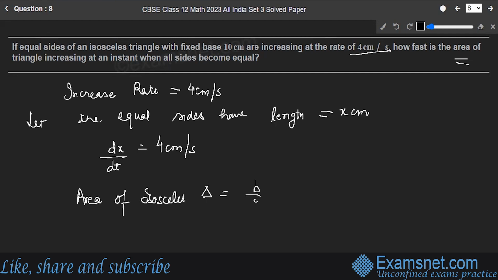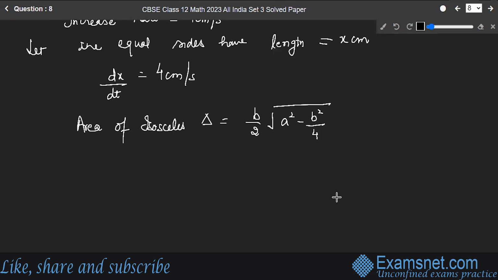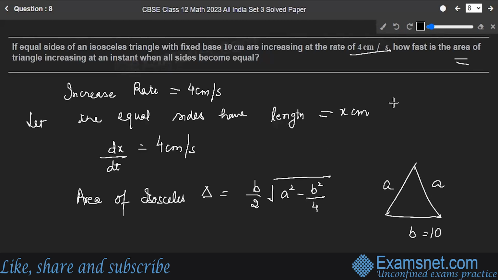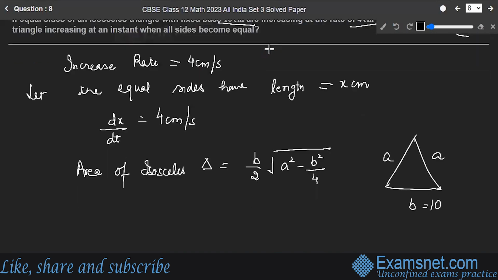The area is given by b upon 2 root of a square minus b squared upon 4. Here the sides are equal, and b is equal to 10. It's given in the question that the base is 10 centimeter. It's fixed.